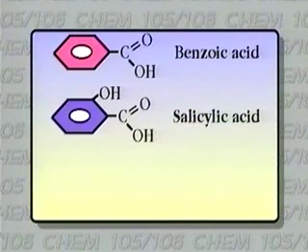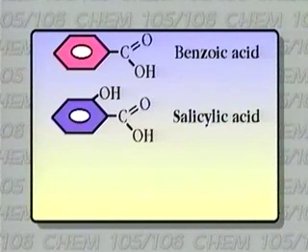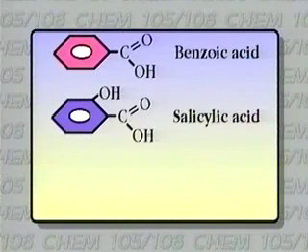And this is one of the two major components in preparing a chemical compound called acetyl salicylic acid. And acetyl salicylic acid is the #1 medicine in the world. Anyone want to guess what its common name is? Aspirin. So this is one of the major ingredients.